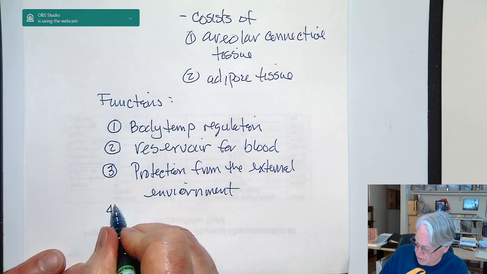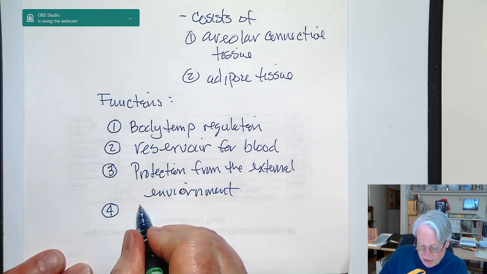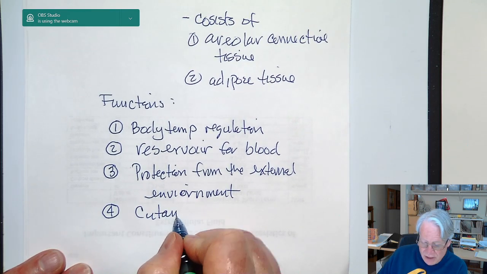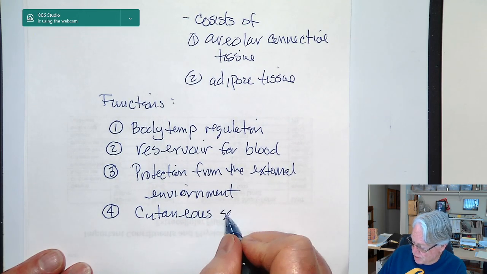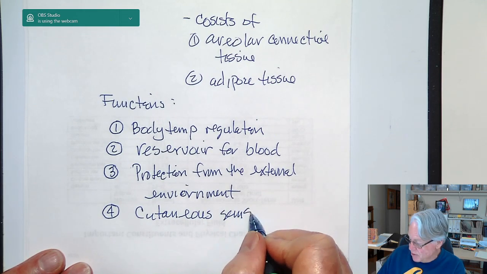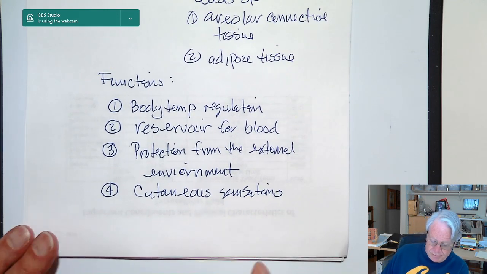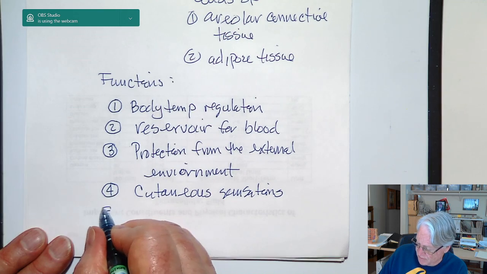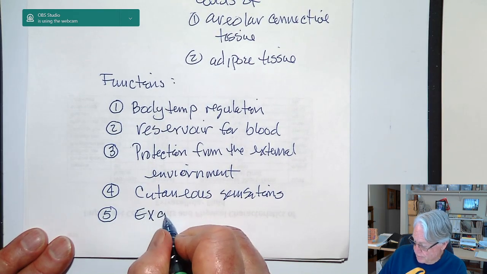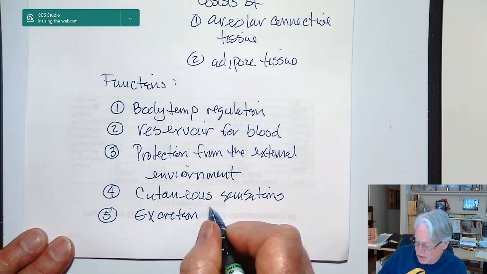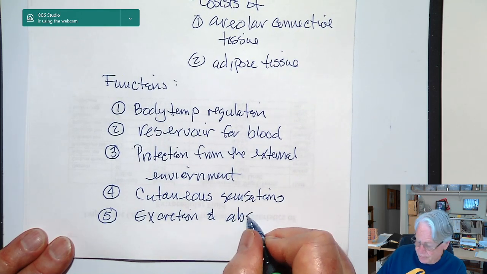Number four, cutaneous sensations. We can feel things through the skin, and it gives us lots of very important information about our surroundings. Number five, excretion and absorption.